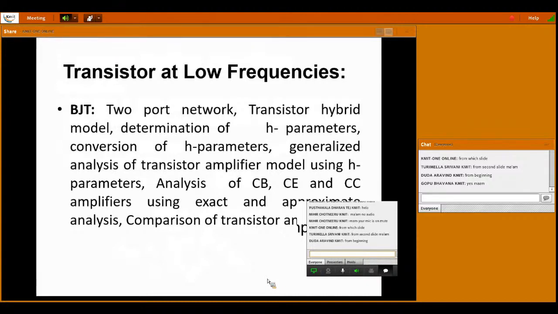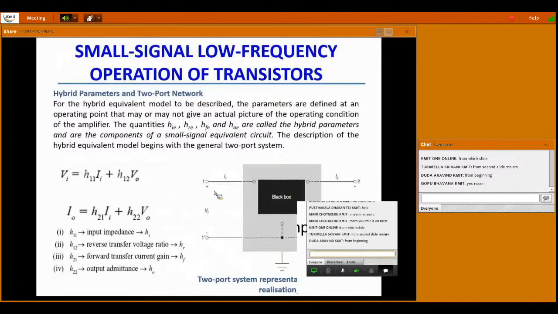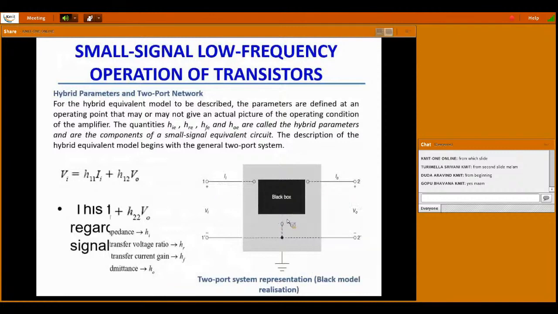Everybody observe carefully here. In this slide, we are going to replace the transistor with a simple black box with three terminals: 1, 2, and the third terminal will be the common terminal. As I already explained, I am taking four terminals here.